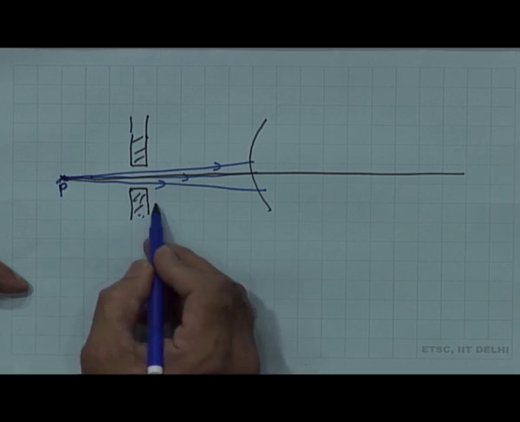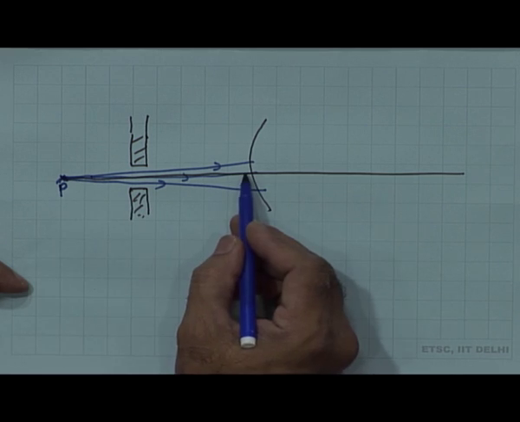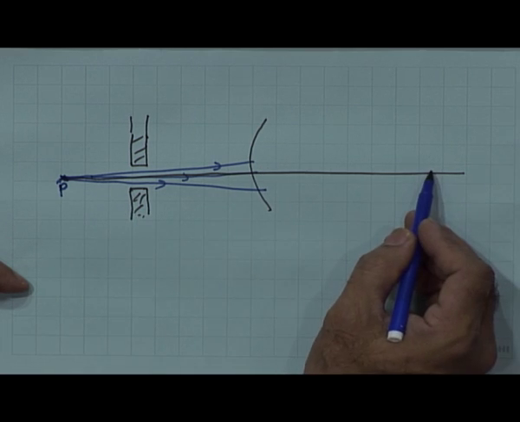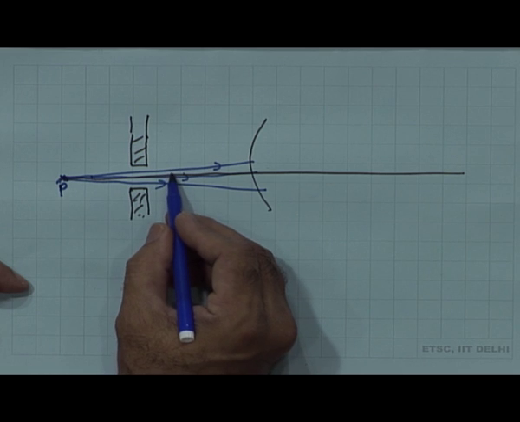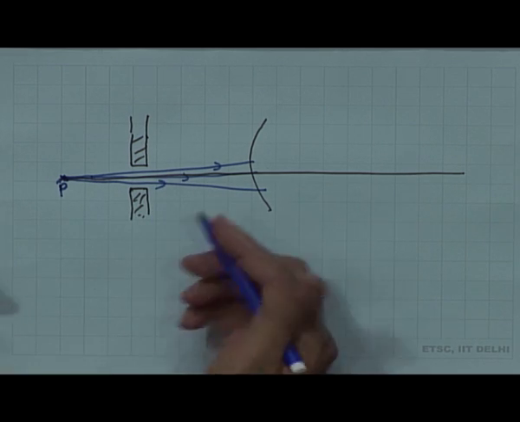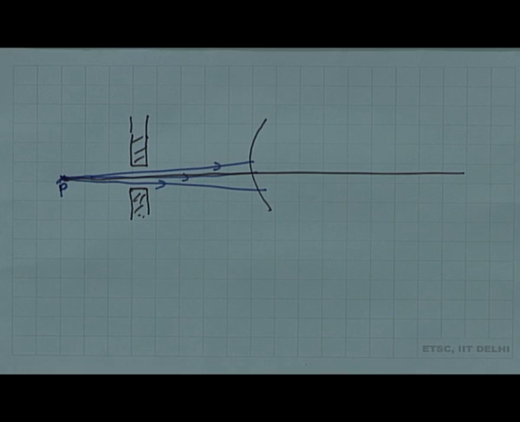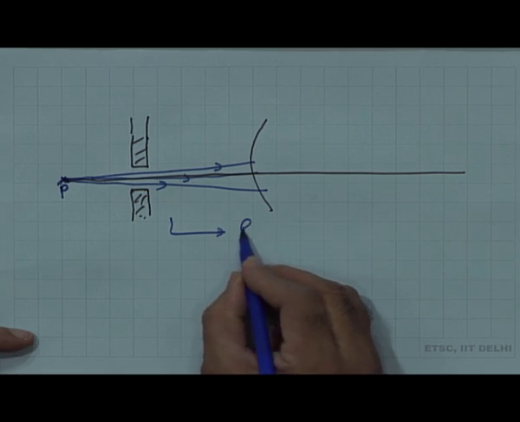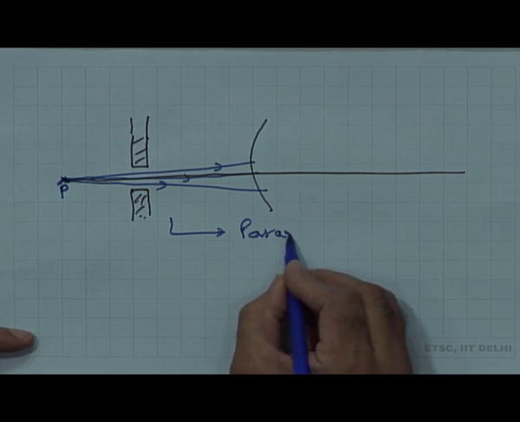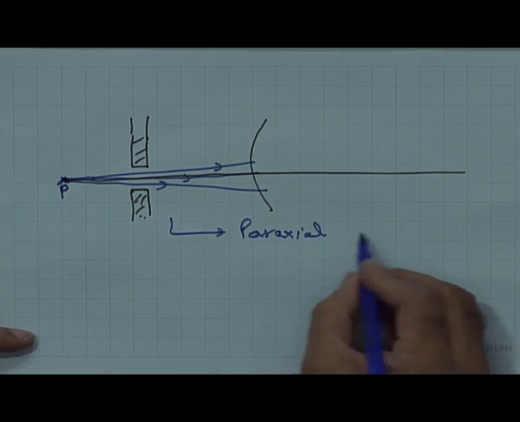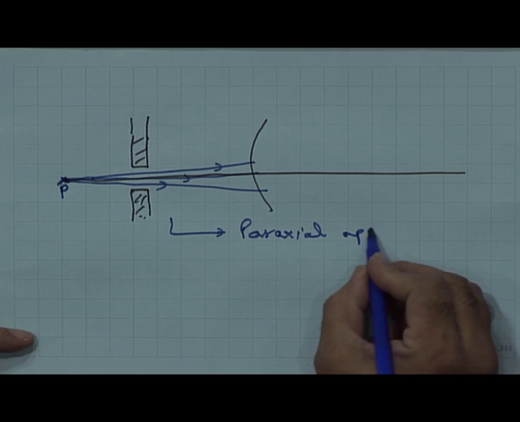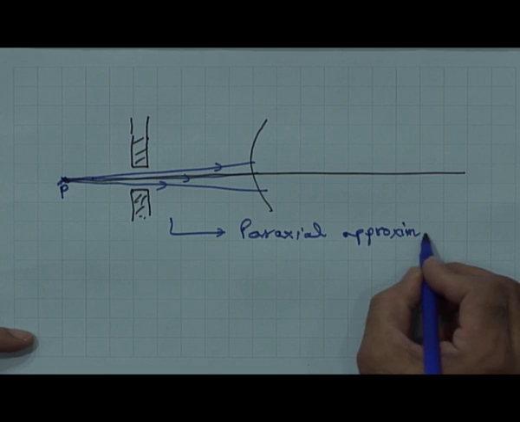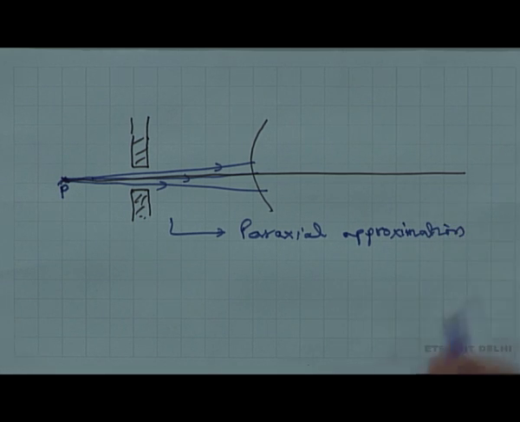So, small aperture means we are restricting to rays which are passing close to the axis and making small angles, and that is nothing but the paraxial approximation. So, small aperture satisfies the paraxial approximation, which is what we had discussed. Rays which are close to the axis, the approximation is valid.